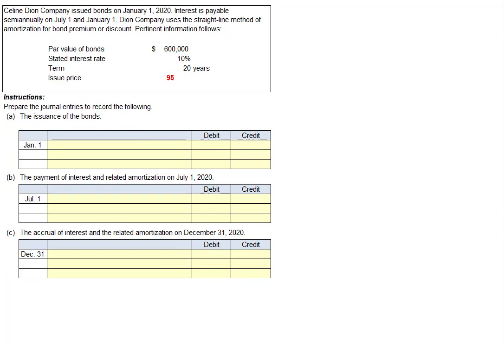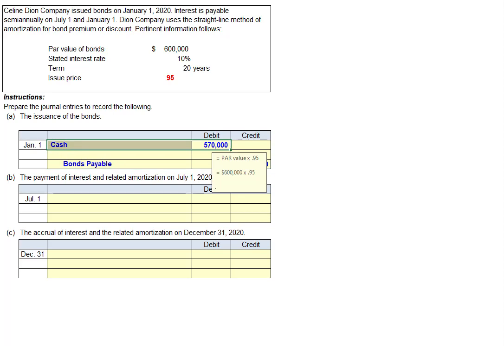Now let's consider a second scenario where the bonds are issued at a discount. We have the same bonds, but the issue price is at 95. That means 95% of the par value. Once again, we always record bonds at their face value or par value, so we'll credit bonds payable for $600,000. We're only going to receive $570,000.